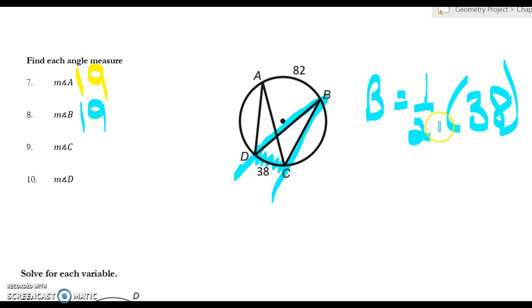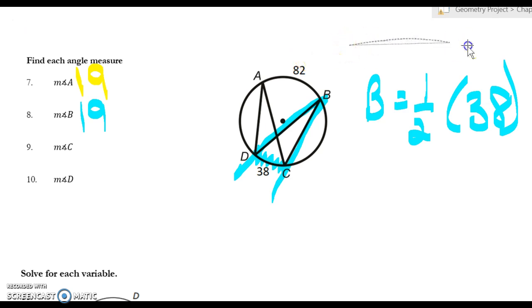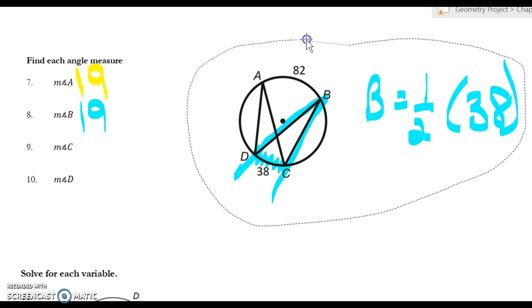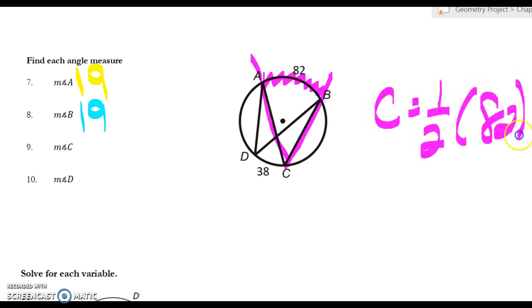Okay, why don't you try C and D, same process, see what the angle is, and then see how it relates to an arc that you see on there. Okay, so you should have recognized angle C is right here, and it makes this arc here. So C is equal to 1/2 of 82.